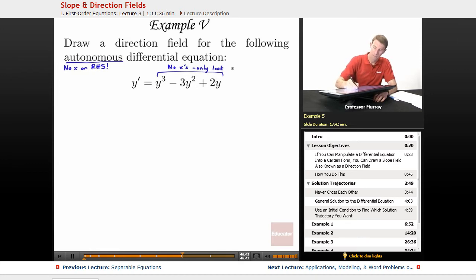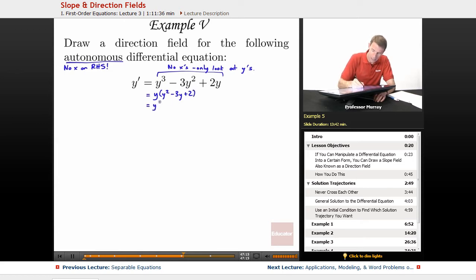Now, that's going to have very interesting consequences for us. What I want to do is maybe do a little algebra on that function on the right, and then we're going to try to graph that function before we actually draw our direction field. What I can see with this is that I could factor out a y, and I'll get y times y squared minus 3y plus 2.